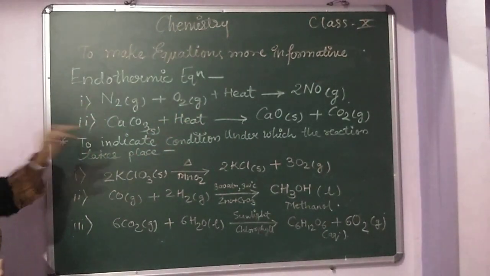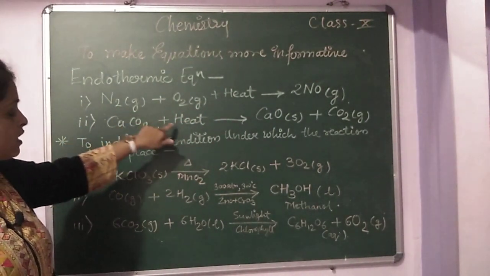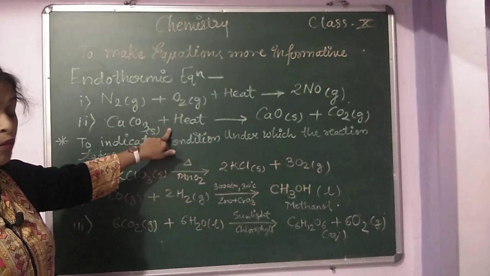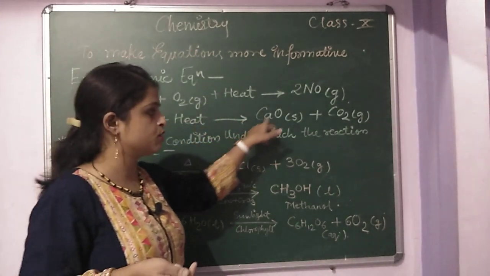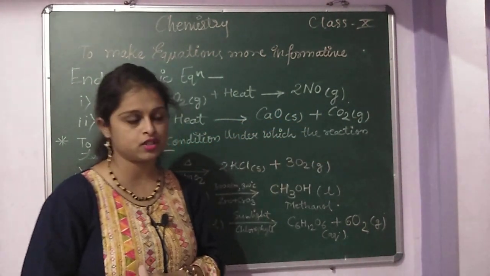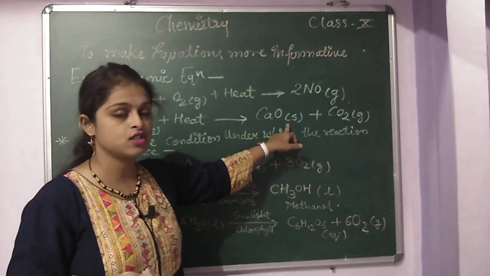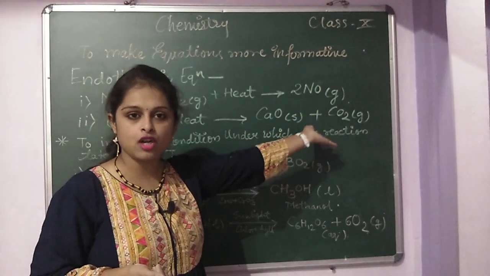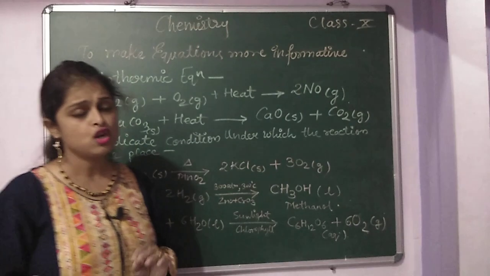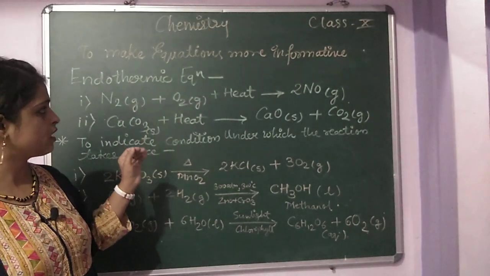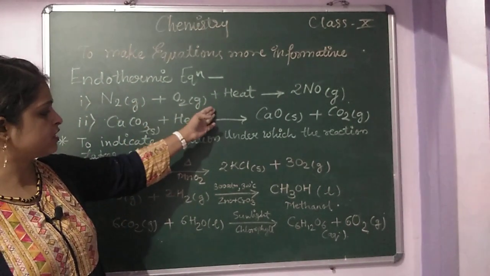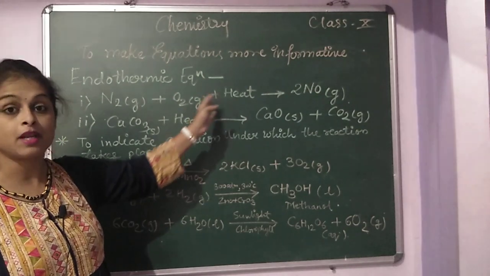Same thing when calcium carbonate is absorbing the heat. What happens? They give calcium oxide along with carbon dioxide, and this calcium oxide is in a solid form and the carbon dioxide is in a gaseous form. So along with these two examples, we can understand that heat is written, sometimes energy, sometimes heat energy also.